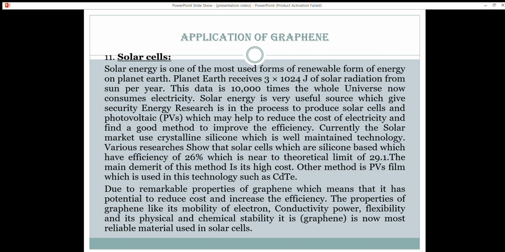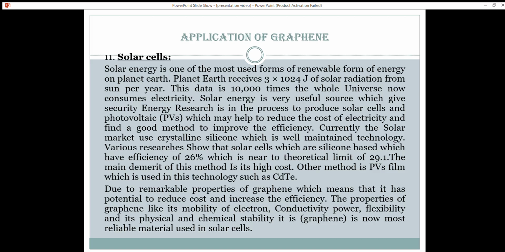Solar energy is one of the most used forms of renewable energy on planet Earth. Planet Earth receives 3 × 10^24 joules of solar radiation from the Sun per year. This is 10,000 times the electricity the whole world now consumes.